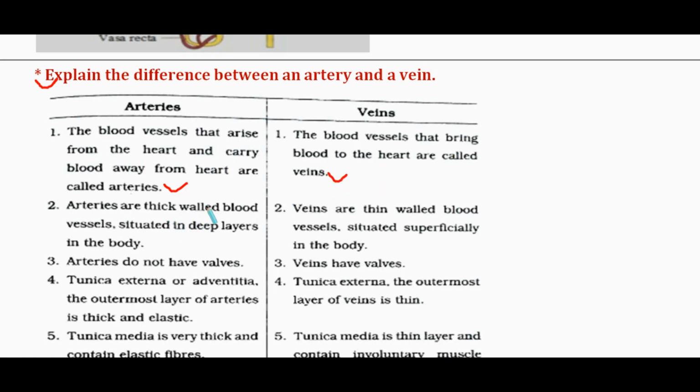Arteries are thick walled blood vessels situated in deep layers of the body. Veins are thin walled blood vessels situated superficially in the body. Arteries do not have valves, veins have valves. Tunica externa, the outermost layer of the arteries, is thick and elastic. Tunica externa, the outermost layer of the veins, is thin.